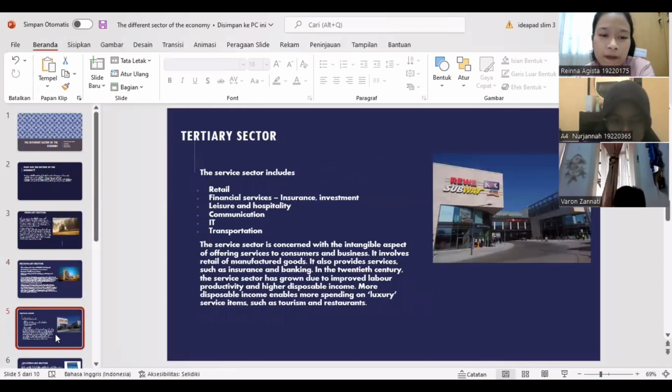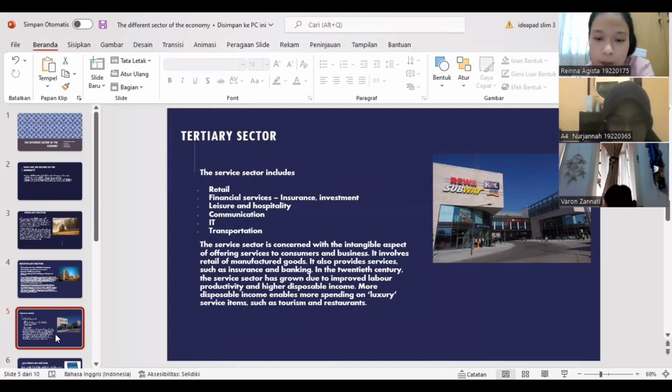Tertiary sector. The service sector includes retail, financial services, insurance, investment, leisure and hospitality, communication, IT, and transportation. The service sector deals with the intangible aspect of offering services to customers and businesses. It involves retail of manufactured goods.